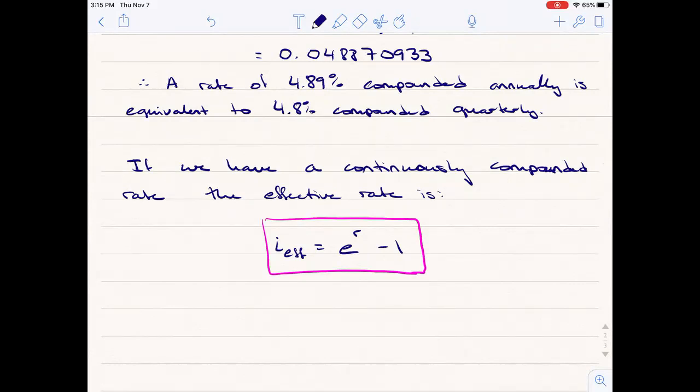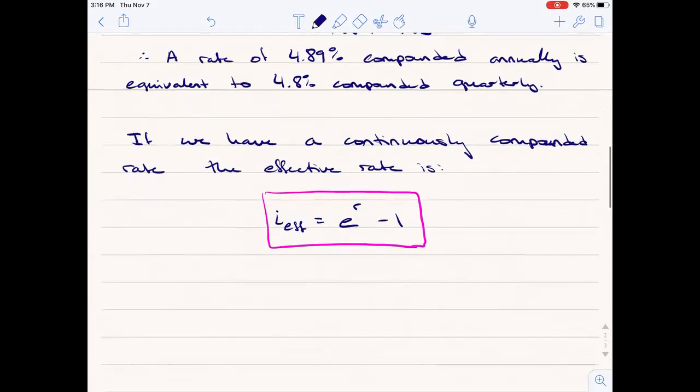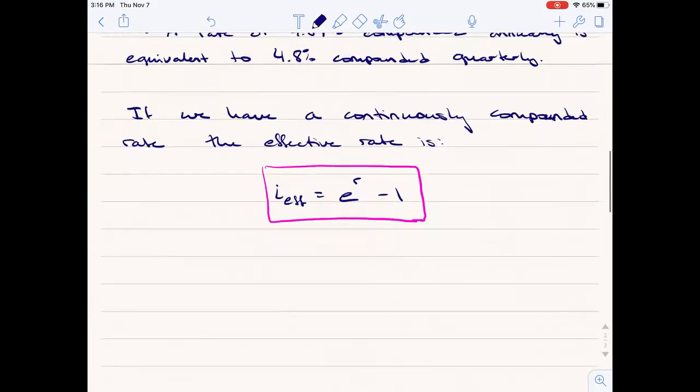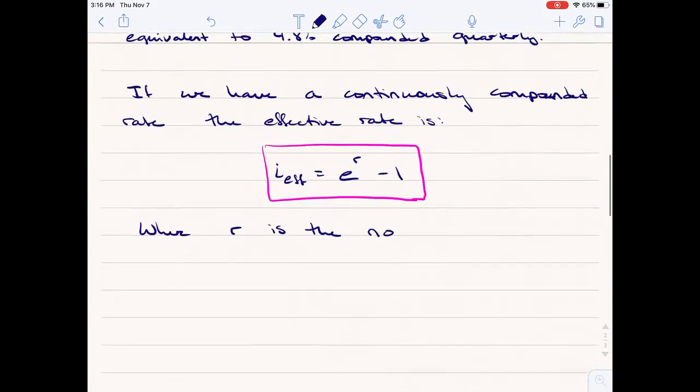But we just said, what annually compounded rate would we need? And so technically we were finding the effective rate. So where R is the nominal rate, that's the only thing that we need to fill in here: e to the power of R minus 1.